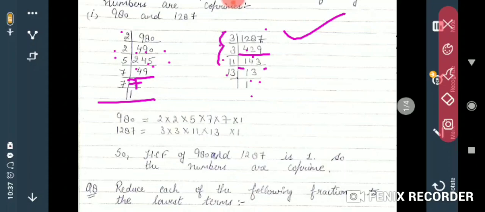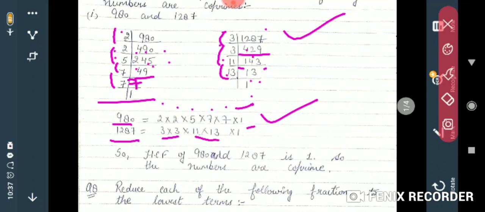So all these factors you can write here. 980: 2 multiply 2, multiply 5, multiply 7, multiply 7. Then 1287: 3 multiply 3, multiply 11, multiply 13. You can write 1 also, it's your choice.